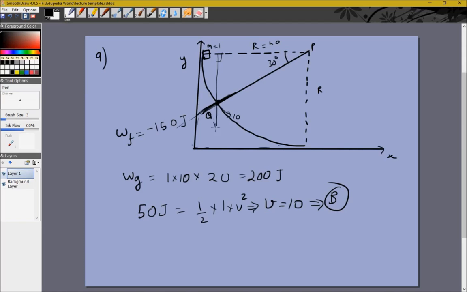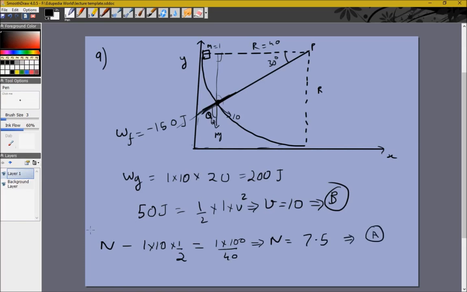So if this is mg, this is 60, so this is 60. So mg cos 60, that is 1 into 10 into cos 60, which is 1 by 2. N minus this is equal to mv square by r, 1 into 100 by 40, which means N is equal to 5 plus 5 by 2, which is 7.5.